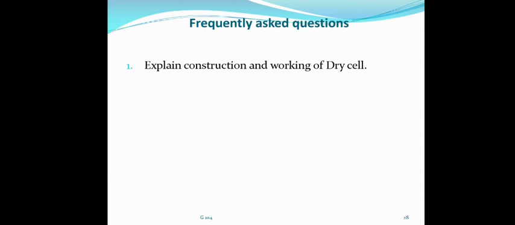It contains a zinc container, which acts as an anode, in which manganese dioxide, ammonium chloride, and zinc chloride, that is ammonium chloride and starch, MnO2, are present. Ammonium chloride is used as electrolyte, and at the center you will have a carbon graphite rod. So what is happening? Zinc is undergoing oxidation and the manganese is undergoing reduction.